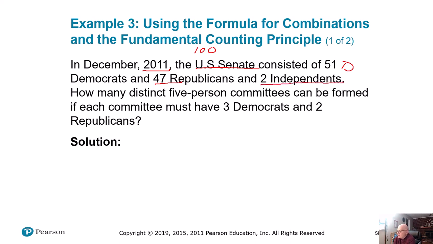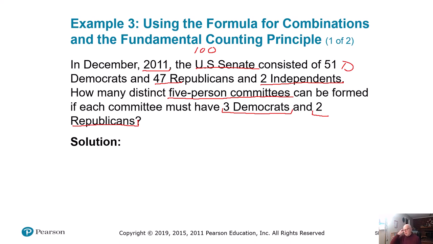What we want is a 5-person committee, so we want 5 people out of those 100. And for whatever reason, we want 3 Democrats and 2 Republicans for our 5-person committee. We don't want any independents for whatever reason. How do we do it?